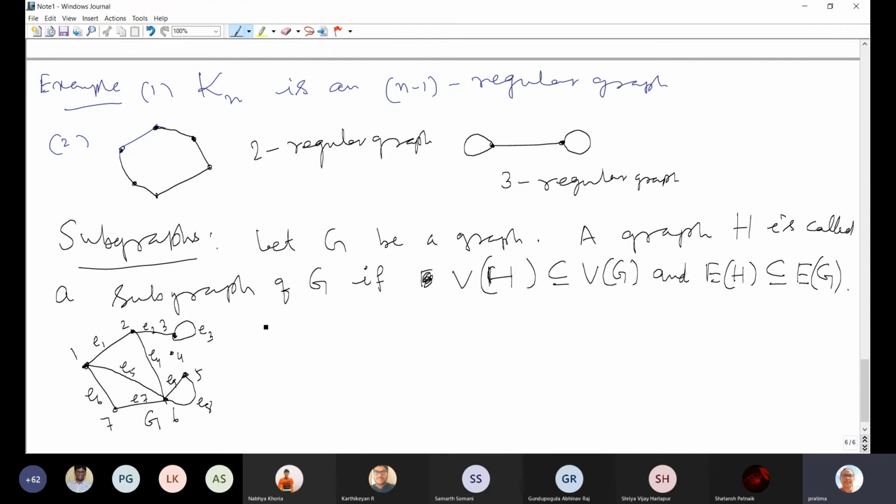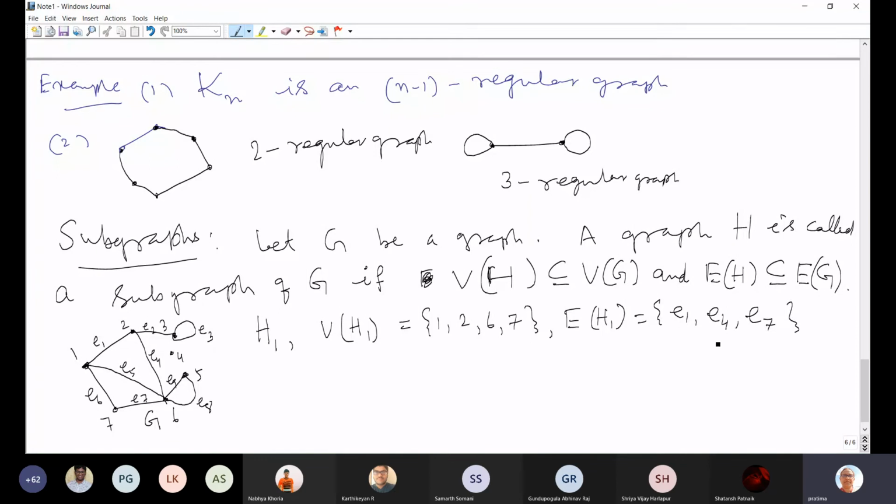Let me define a graph, say H1. The vertex set of H1 will consist of 1, 2, 6, 7, and the edge set of H1 consists of E1, E4, and E7.